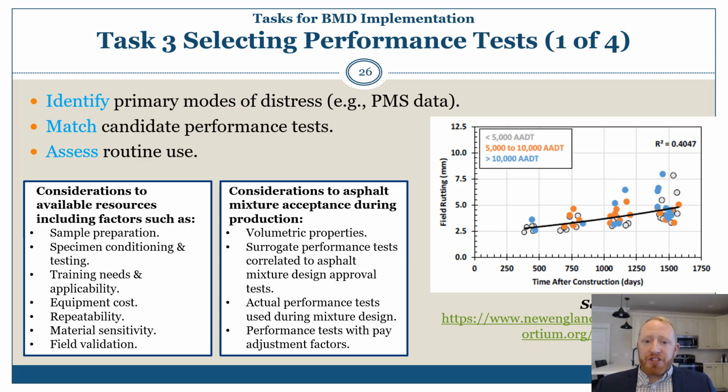Now you want to match candidate performance tests that are good candidates based upon the existing literature and work that's out there to those distresses. And then assess those tests for how they might be routinely used in your BMD goal and scope that you've thought about. So there's a lot of things to think about here, not just the tests.